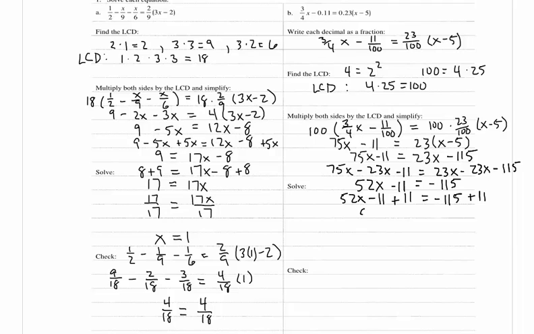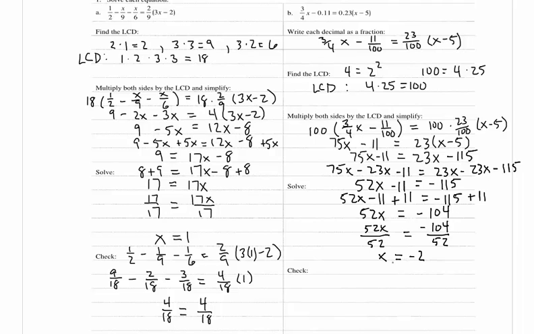And now we have 52x. Negative 11 plus 11 is equal to 0. So 52x is equal to negative 115 plus 11 is negative 104. And now we're going to divide both sides by 52. So we have 52x divided by 52 is equal to negative 104 divided by 52. 52x divided by 52 is equal to x, and x is equal to negative 104 divided by 52 is negative 2.